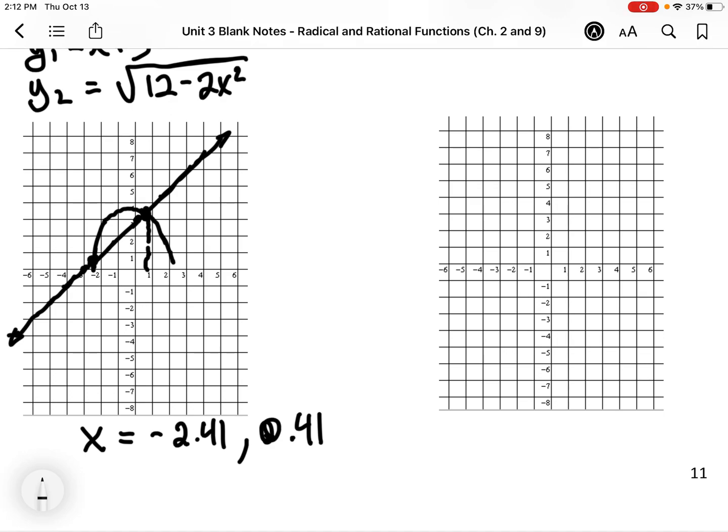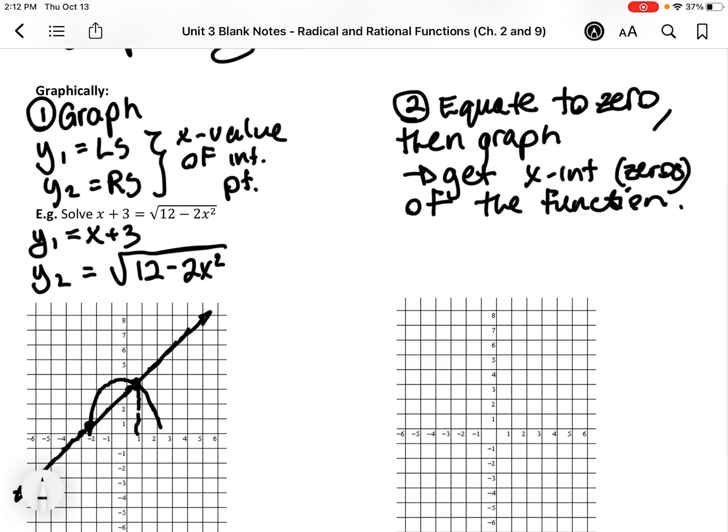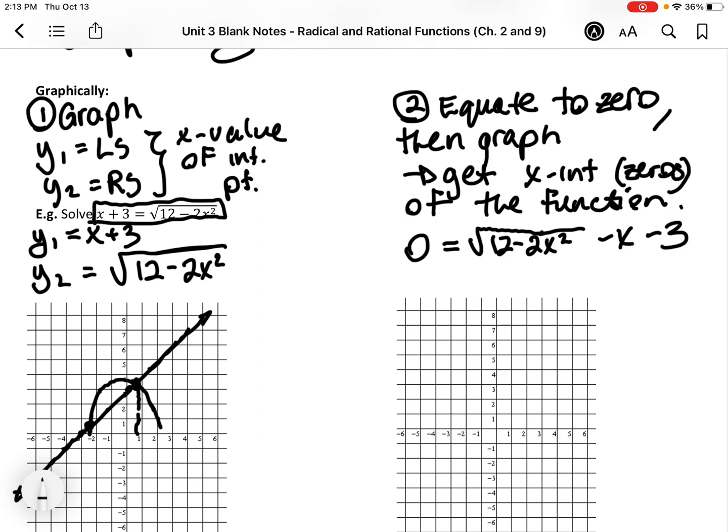Okay? Now, the other thing that you can do is equate one side to 0. So let's suppose I made the left side of the equation 0. Here's the equation right here. So I'm going to subtract x and 3 from the left side. Then I'll have 0 equals the square root of 12 minus 2x squared minus x minus 3. And if I graph that, then the graph looks something like this.